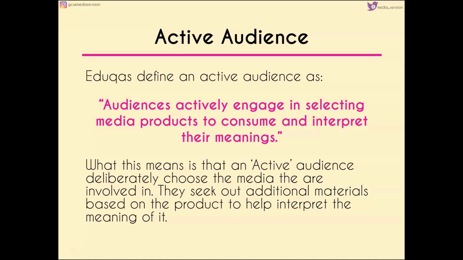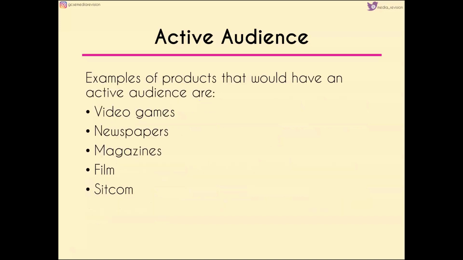Maybe that's looking up who played a particular character in a sitcom, or looking on the website for a particular newspaper. Either way, they're consciously doing it and they're actively choosing to do it, which is what makes them an active audience. So some of the examples of the products that you guys have studied that would have an active audience are things like video games, newspapers and magazines.